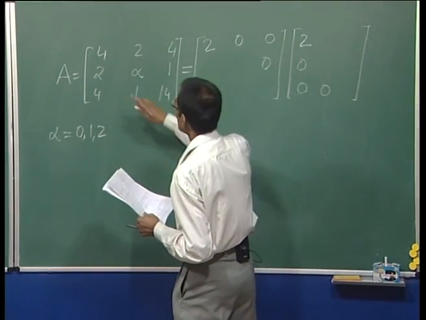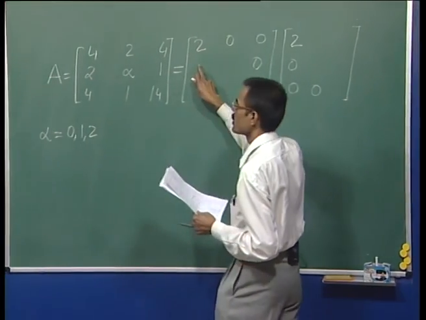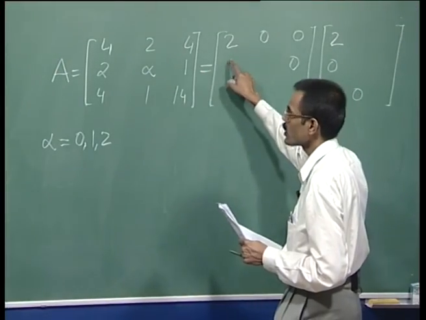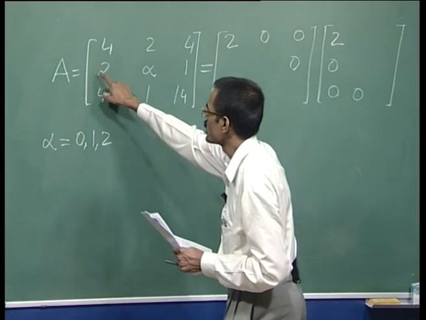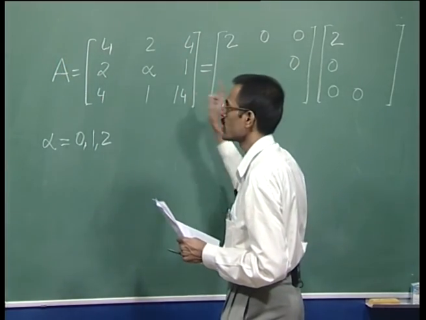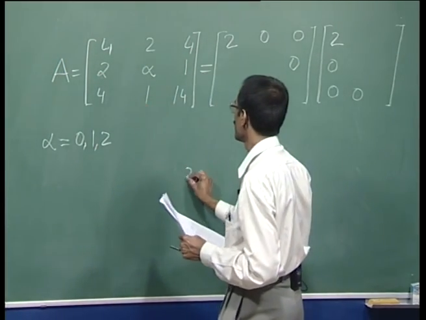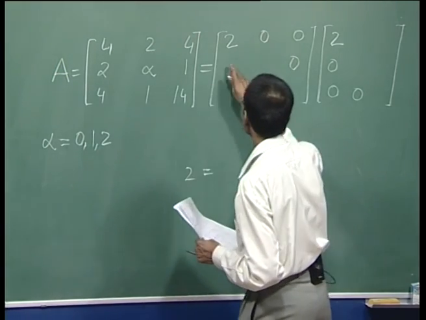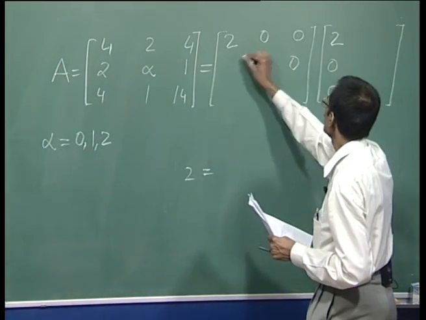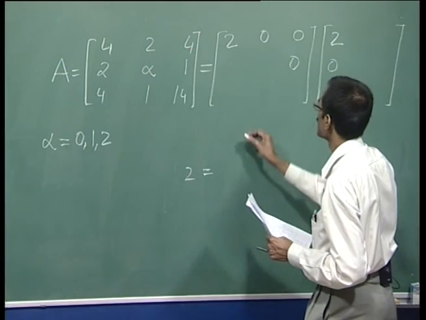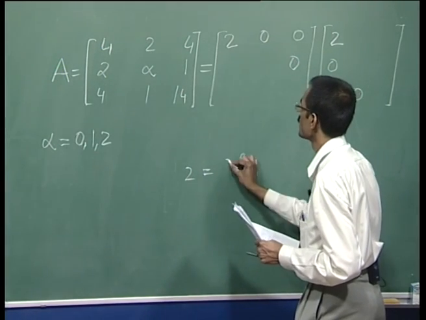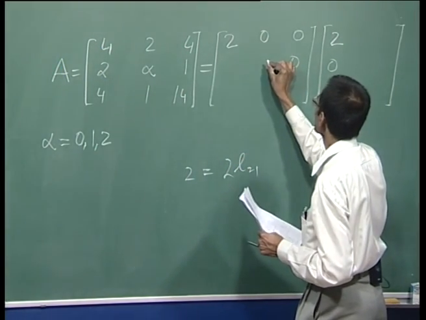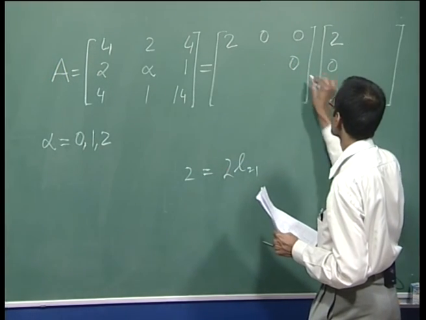Next, we find this entry L21, and for that we equate this term to the corresponding term on this side. So, 2 is equal to L21 into 2 plus something into 0 plus something into 0.